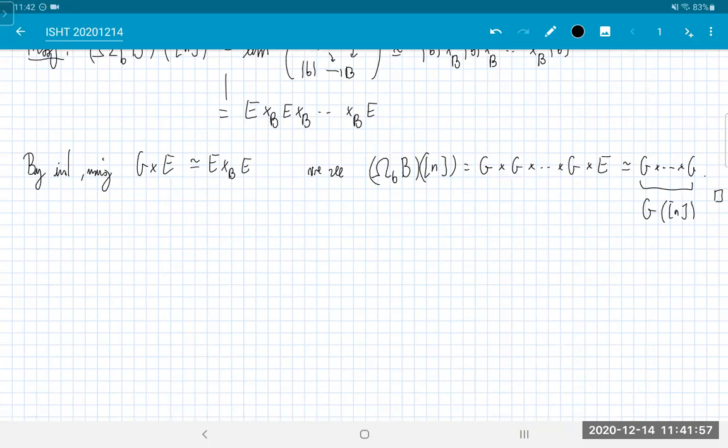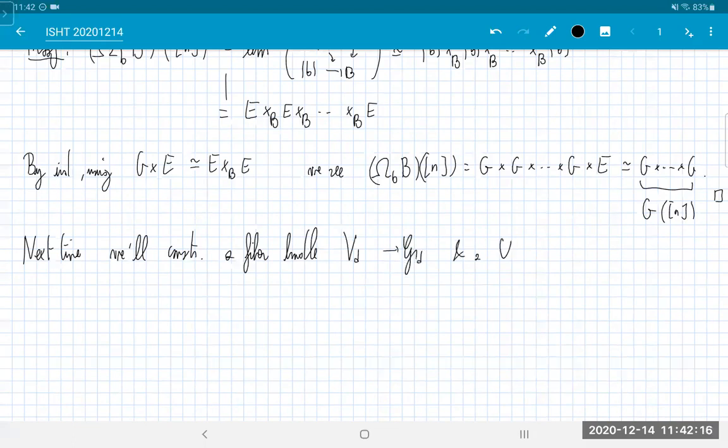And okay, I don't think I have the time, but I'll just say that next time we'll construct a fiber bundle V_∞ over Gr_d and a U(d) action on V_∞ that satisfies the hypothesis of the lemma.